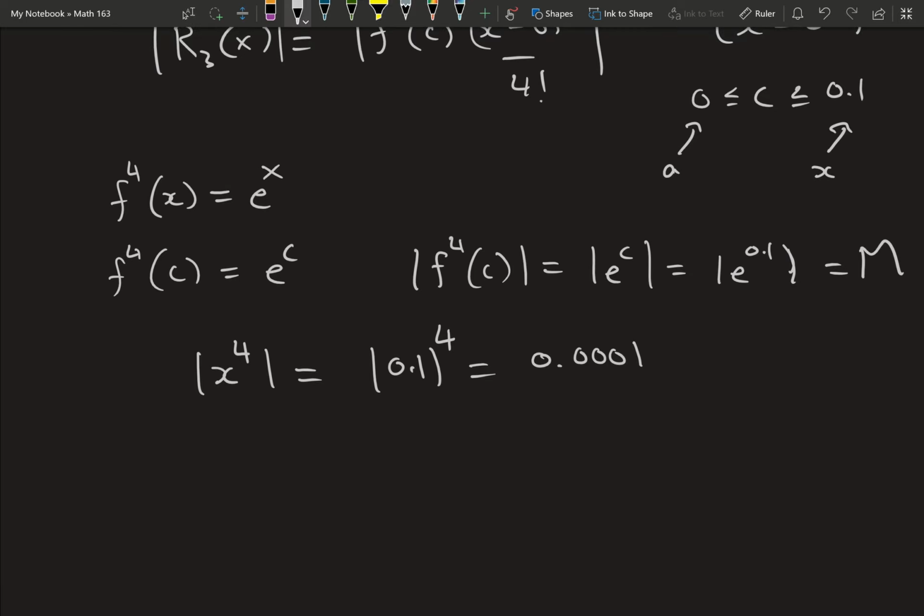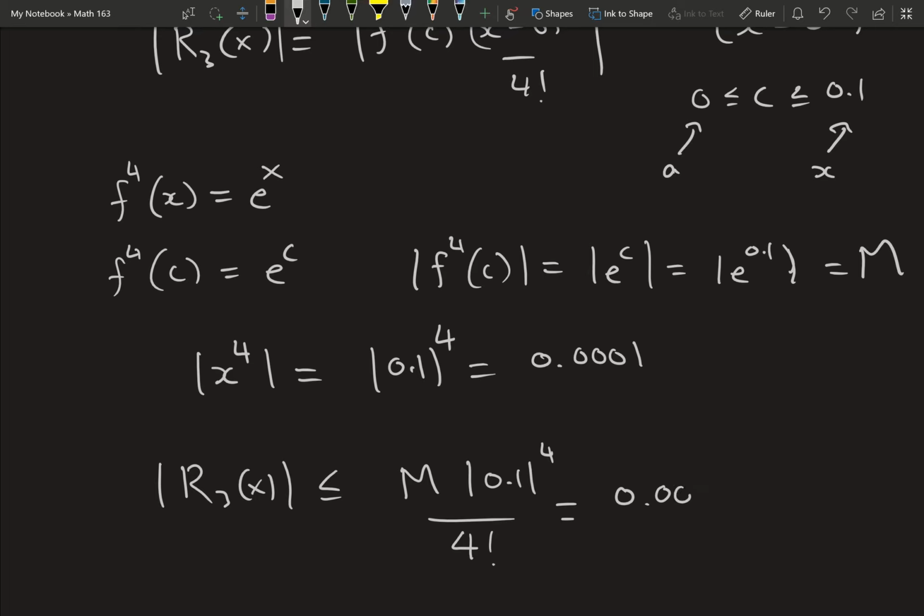So our remainder overall is less than or equal to M times 0.1 to the fourth divided by 4 factorial, and where M is equal to that, it turns out to be 0.000046, approximately. So this is the maximum error.